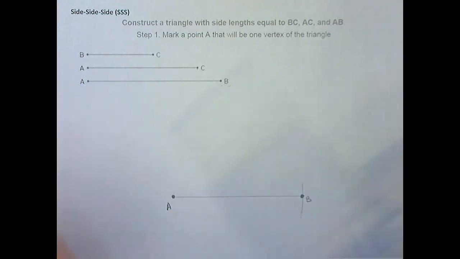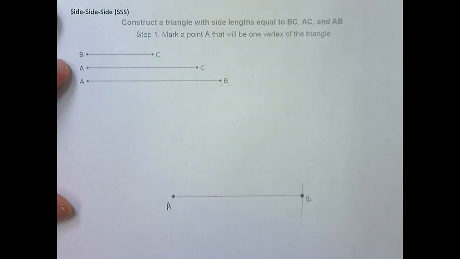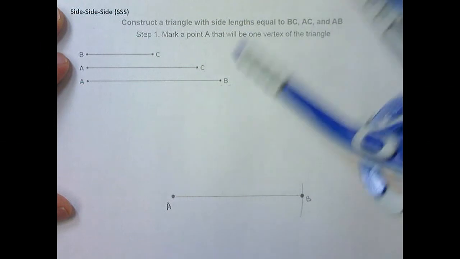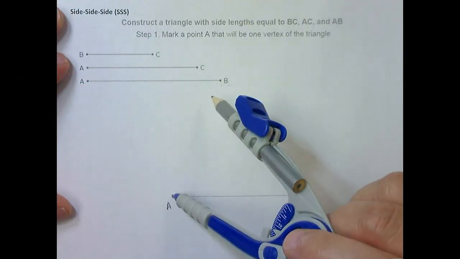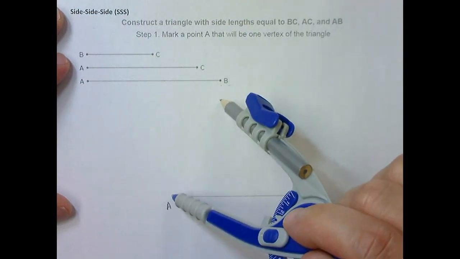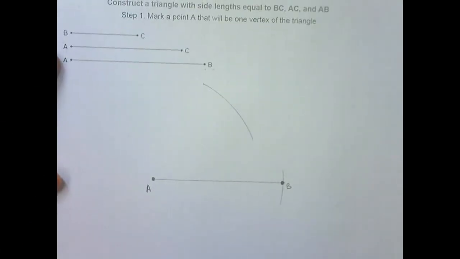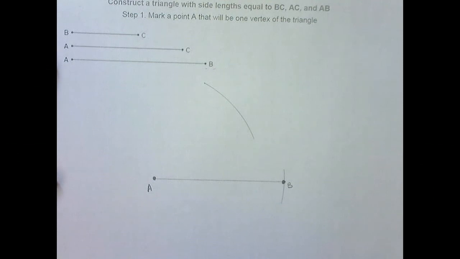Now you can't just copy it down like we did the last one because we're not entirely sure where it's going to be. So once we have it all lined up, we're going to put our compass point back on A, and give a bigger swoop this time. And the reason why is because we don't exactly know where BC is going to line up with AC.